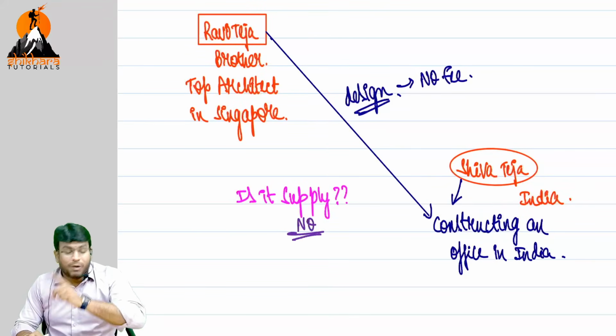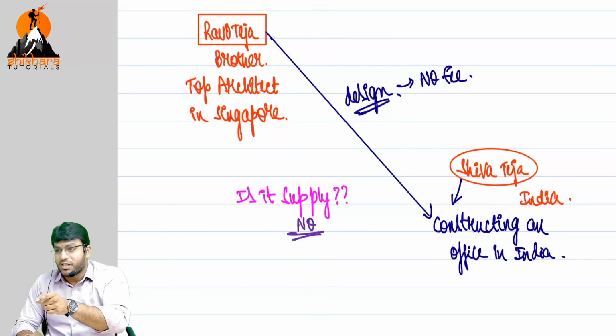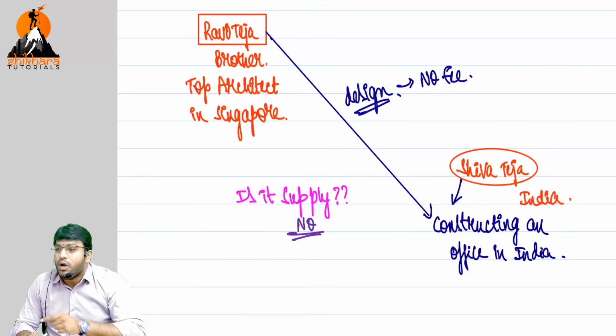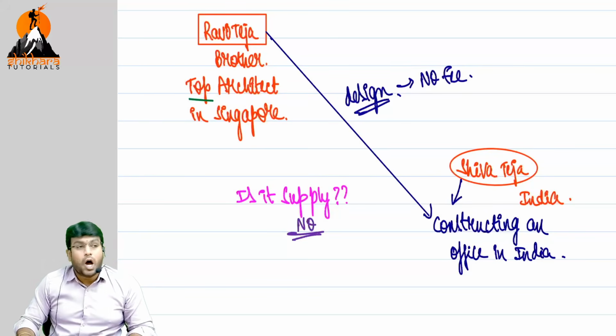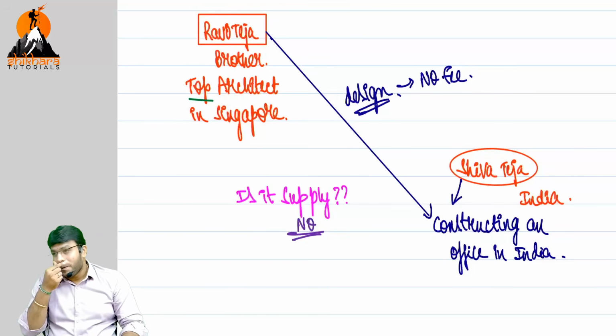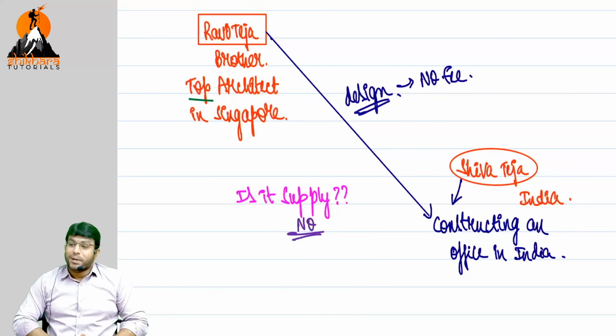Family means spouse and children, parents, grandparents, brothers and sisters, only if they are dependent, only or mainly. I clearly told you this fellow is one top architect. Why will he be dependent on Shiva Teja? One top architect is not dependent on me. He is not covered in the definition of family. He is not a related person. If he is not a related person, this point will not apply.